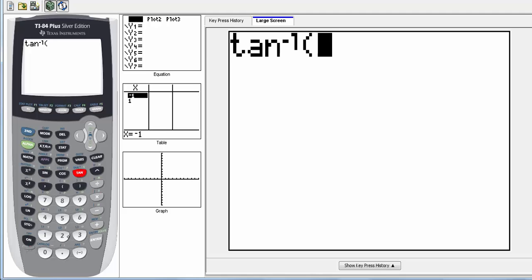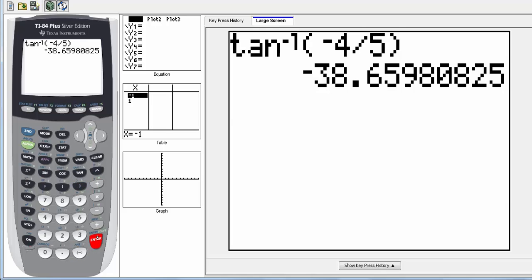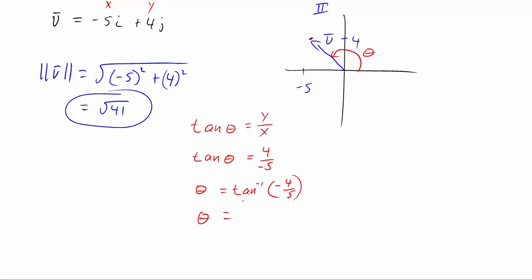So we have the inverse tangent of negative 4 divided by 5, and we hit enter, and we get negative 38.6. Now to make this a little bit easier, I'm just going to round this to negative 39. So we're going to make this a negative 39 degrees.